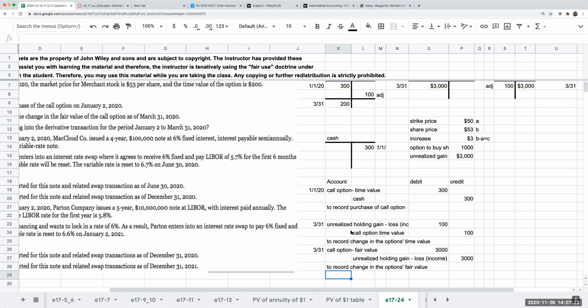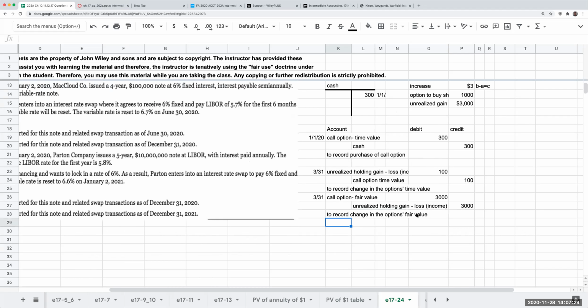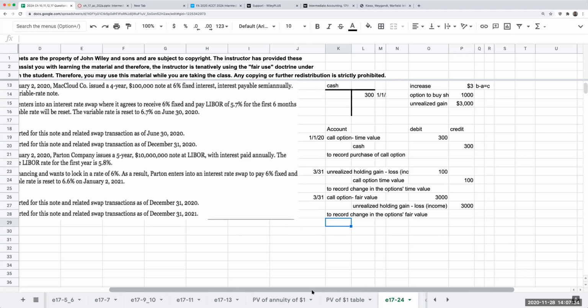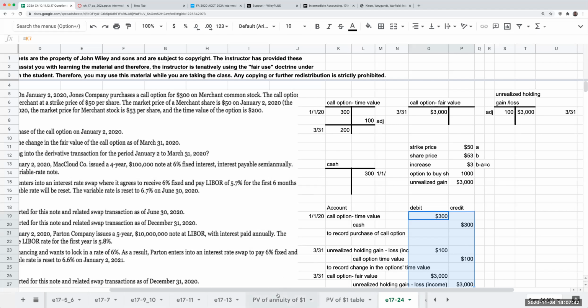Now note, on the financial statements, we would just combine these two right over here to show a total value of 3,200. But I'm splitting this out intentionally so it's a little bit easier for you to go through and see. So those are the journal entries we would be going through and doing for this type of problem.